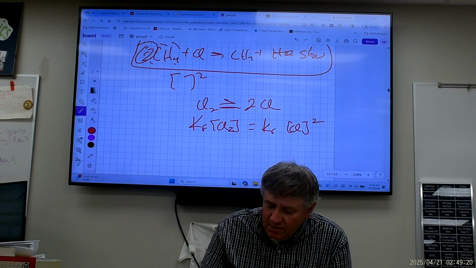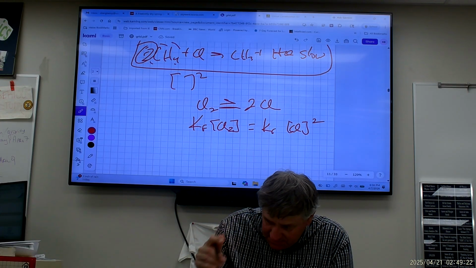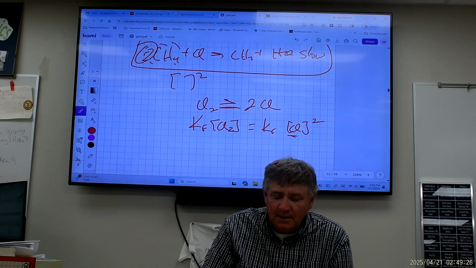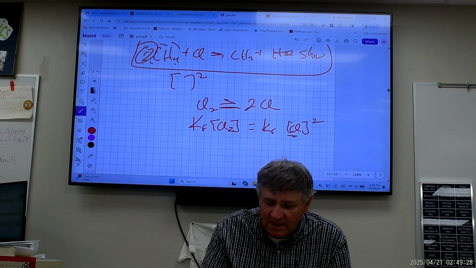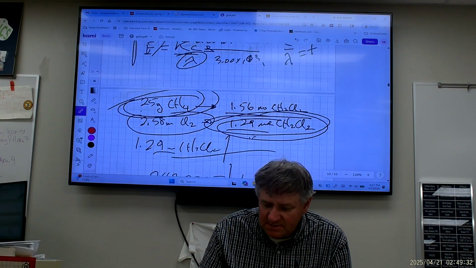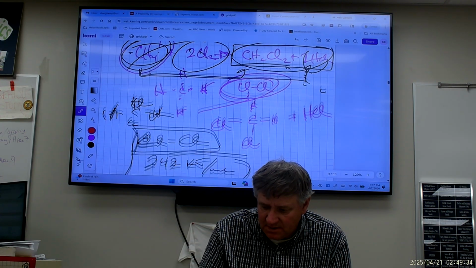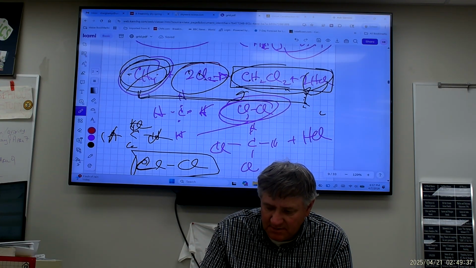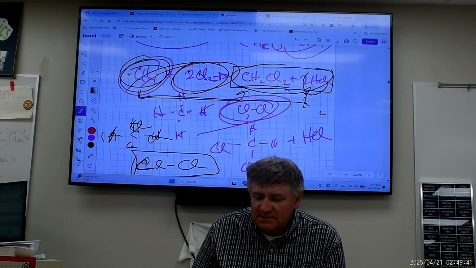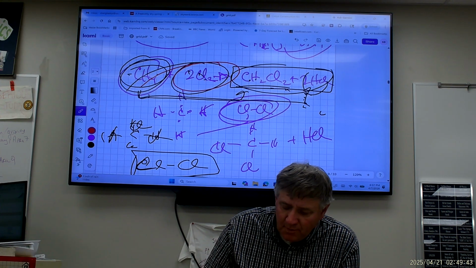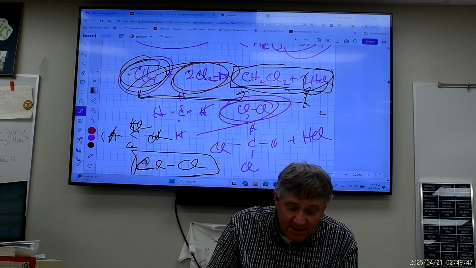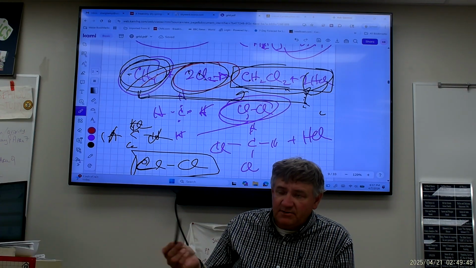So if you were to look at this in terms of solving for the Cl, okay? And here's why you would want to express this in terms of Cl2. The reason is because that's what's in the reaction, okay? The Cl, in the broader scheme of things, if you look at that overall reaction, Cl is also an intermediate.